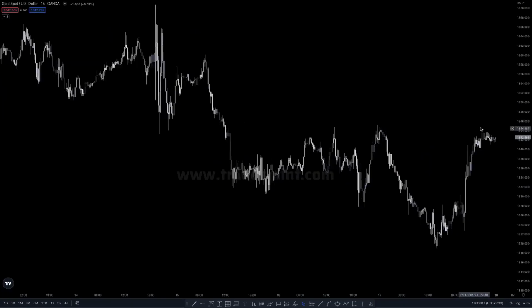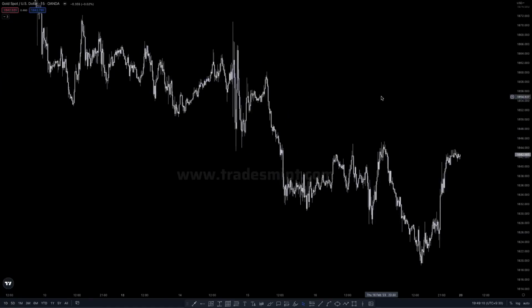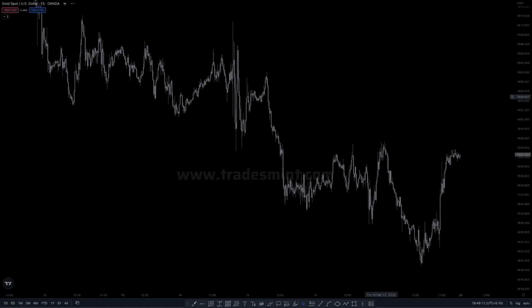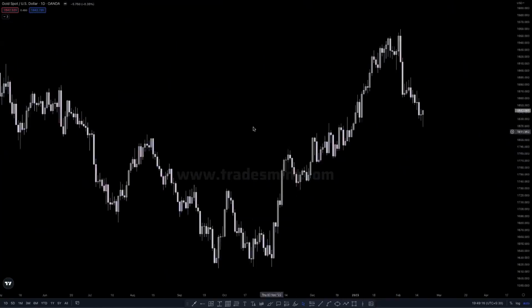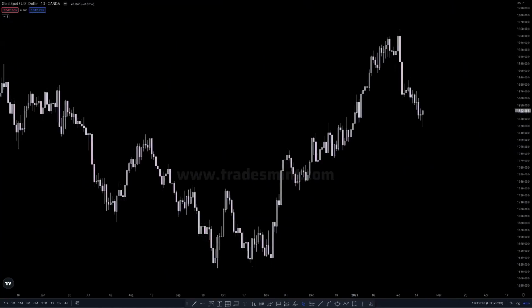And this is our gold scenario as per the 15-minute chart. Let's look at the daily time frame first. So the daily time frame picture is here. This is an inducement. After taking out the inducement, this was our pullback, and this is a demand zone.